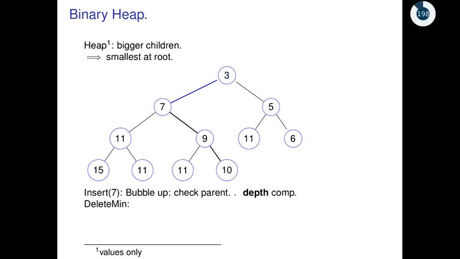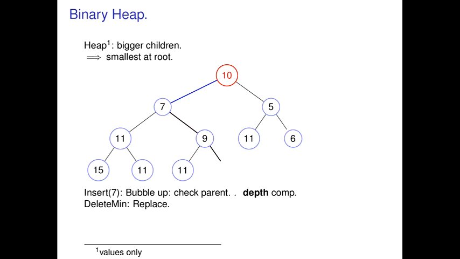Okay, so now delete min. How do you delete min? Where's the min? At the top. So I deleted it. This is a problem, this is not even a tree anymore. So how do I fix it? Well, I just grab a leaf, and I throw it at the root. Does this obey the heap property? No. So I check both my children.